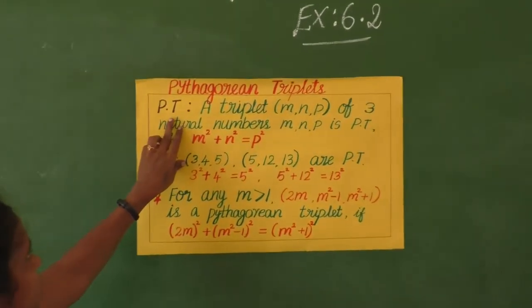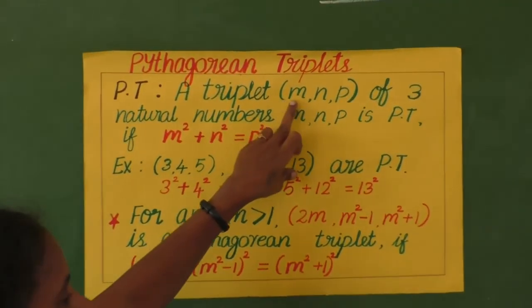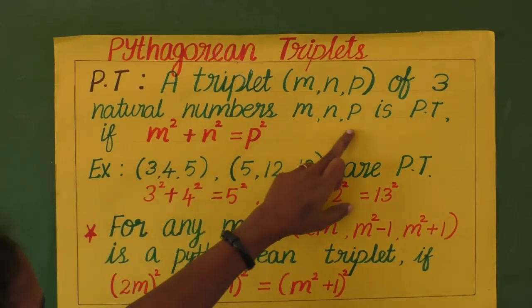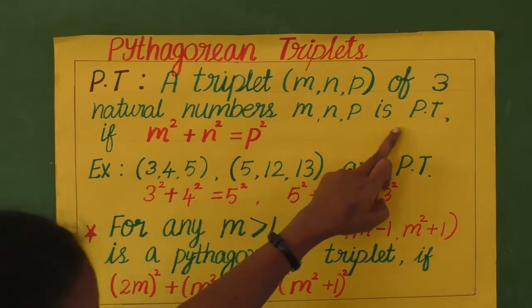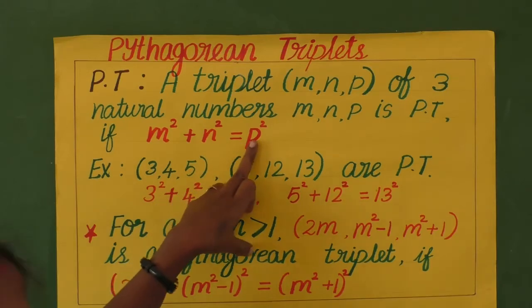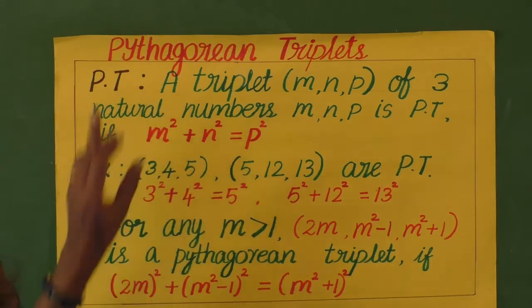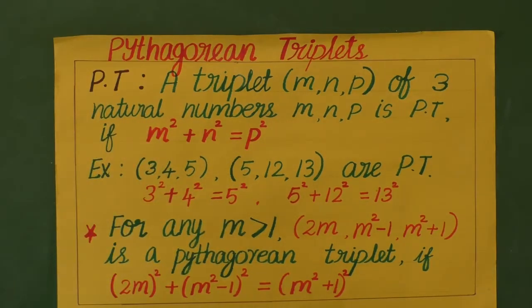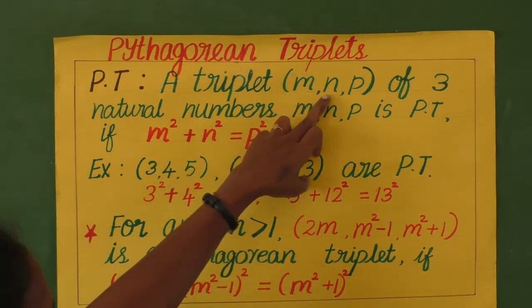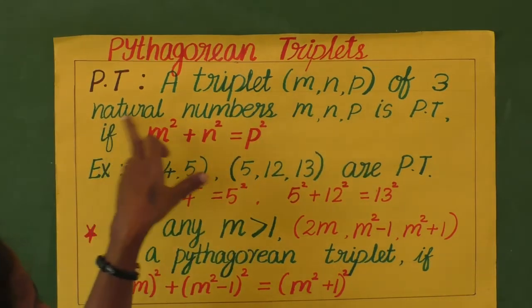Pythagorean triplet. What is it? A triplet m, n, p of 3 natural numbers m, n, p is called a Pythagorean triplet if m square plus n square equals p square. What is the definition of a Pythagorean triplet? A triplet m, n, p are 3 natural numbers.